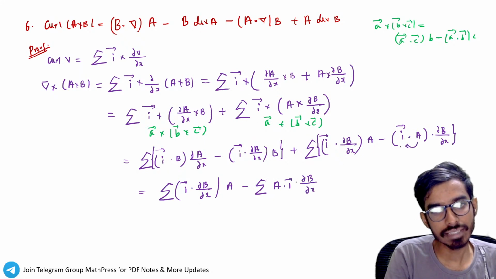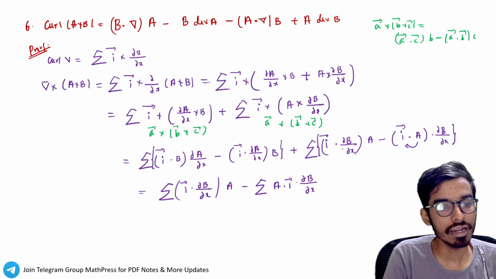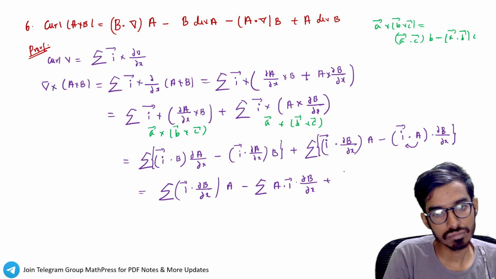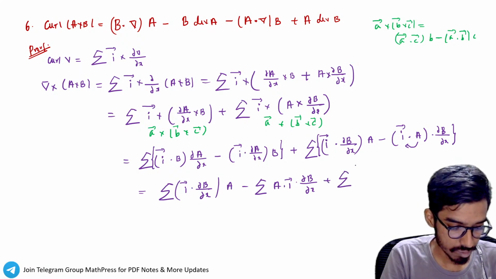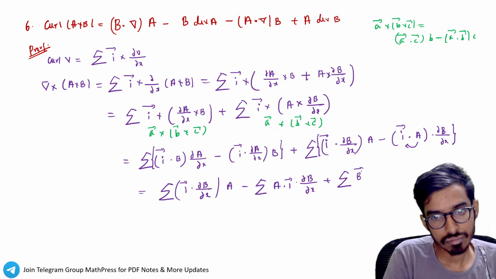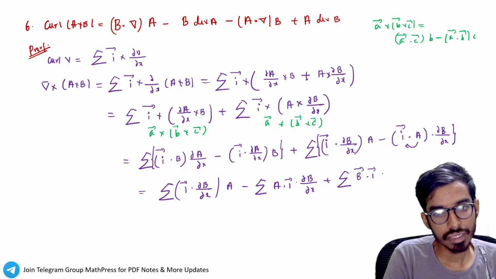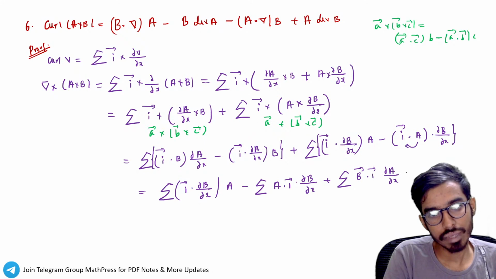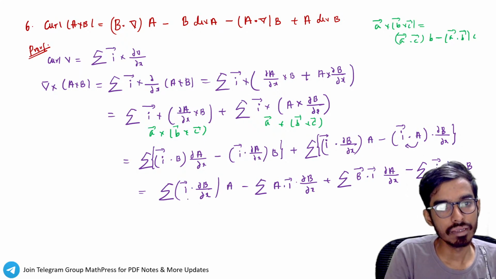A dot i is same as i dot A, I'm just saying the order. I'm writing this as first term, second term, third term, fourth term, plus summation B dot i dou A by dou x minus summation i dot dou A by dou x into B, right?